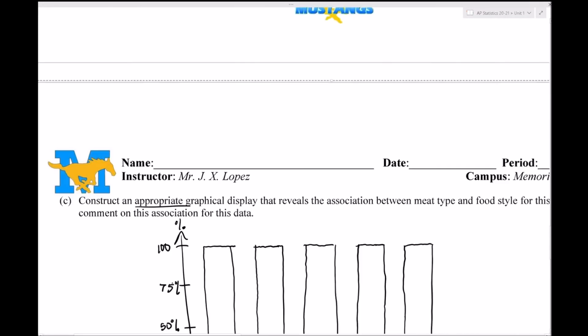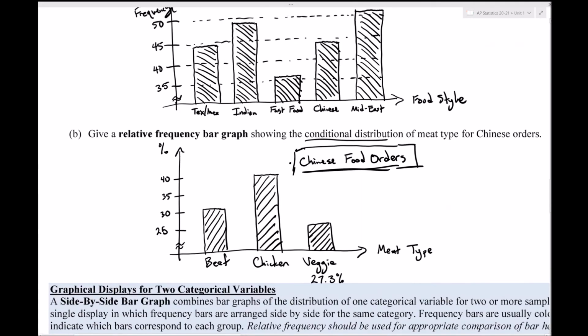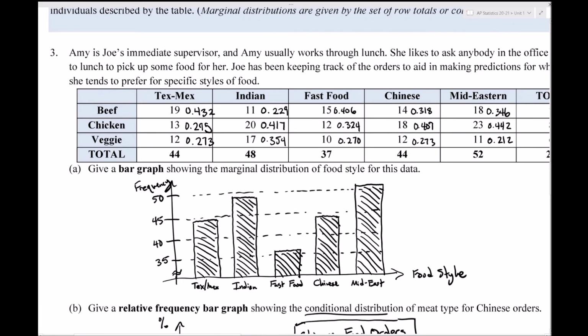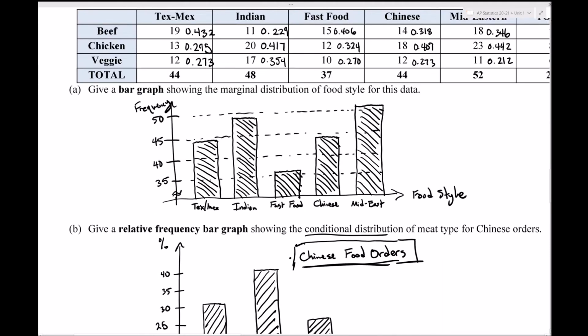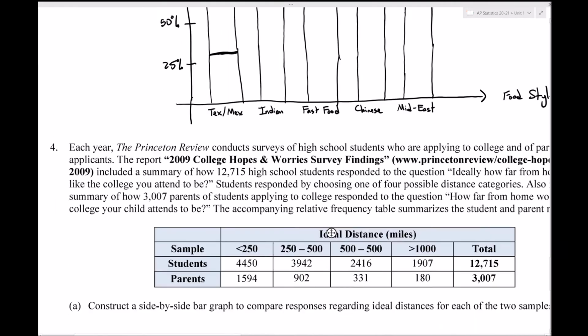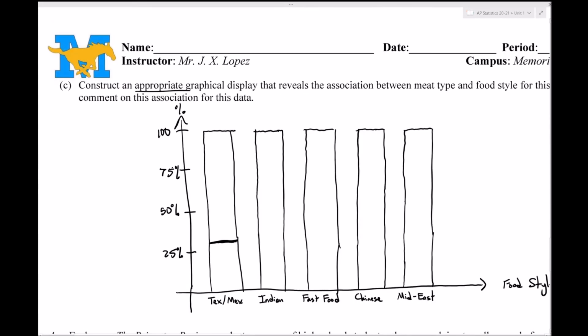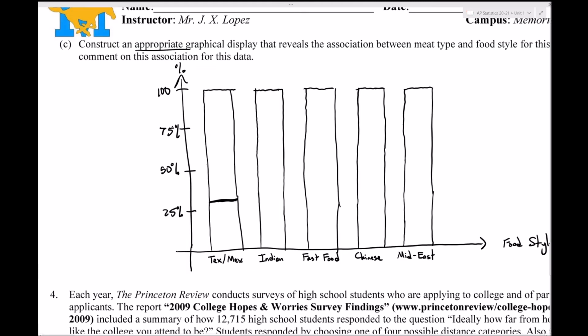And then what I'll do is I'll gauge what the top one should look like and the middle one, if both of those other ones were done accurately, should also be accurate as well. So 0.432 for beef at the top, 43.2%. So there's 50%, 43.2%, somewhere below 50%. So vertically, it's going to be above, right?